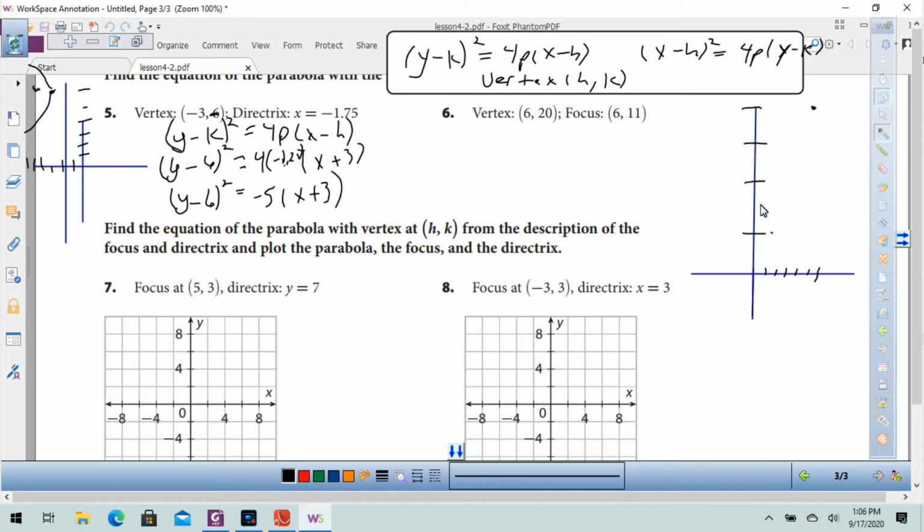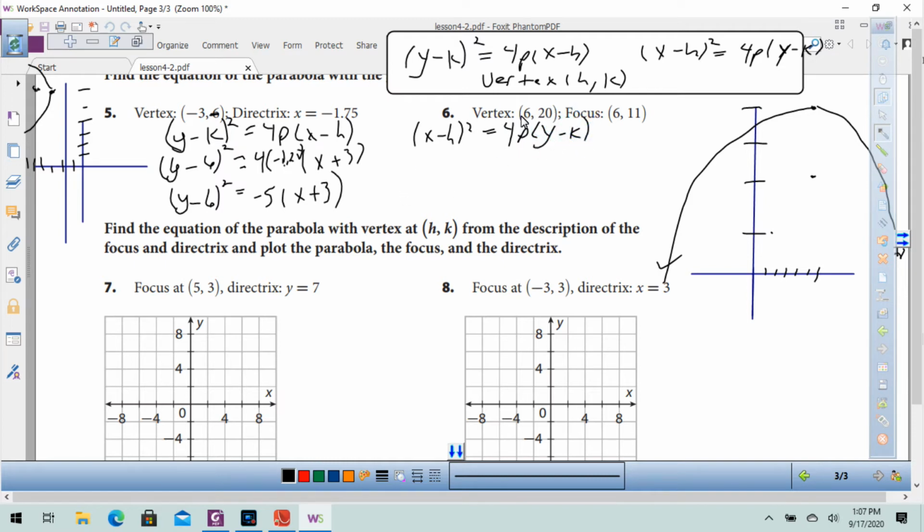Okay, and the focus is at 11. That's going to be right there. So that's going to open down like this. Well, that tells us that we need x minus h squared equals 4p times y minus k.